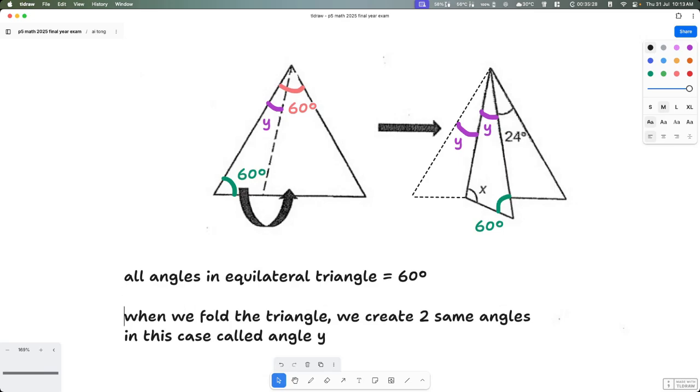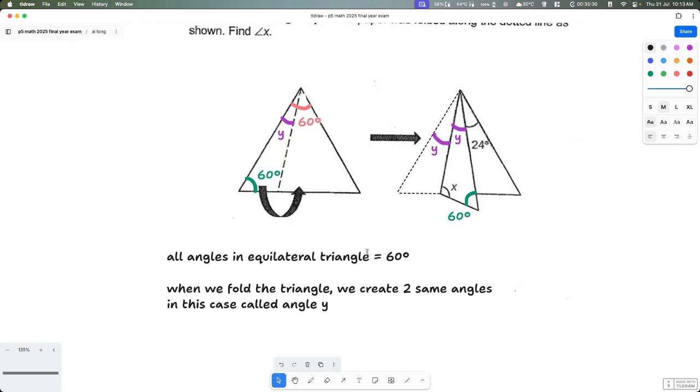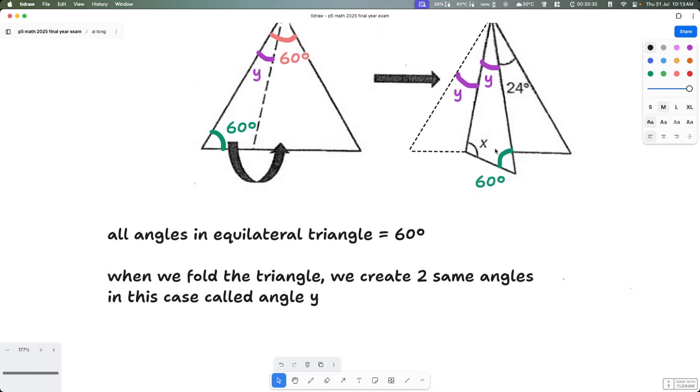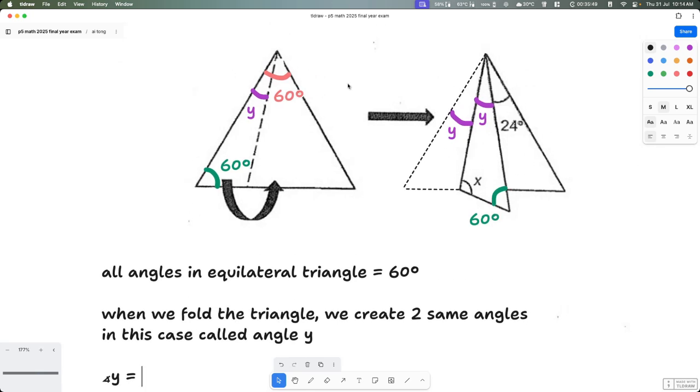So I think from here we can solve and get angle Y, and we can also have X as well. So for angle Y, we know that this whole thing, let me duplicate this whole thing, is also 60 degrees.